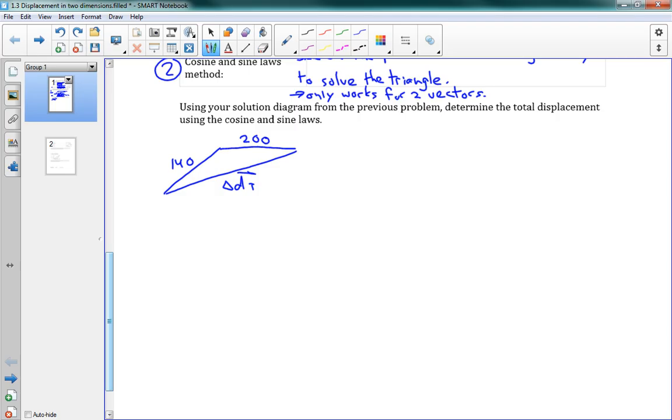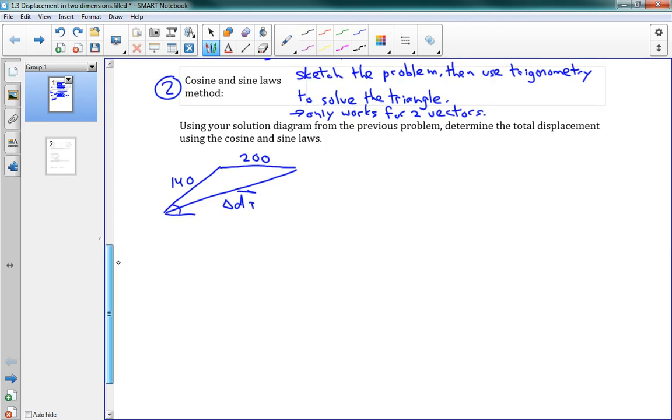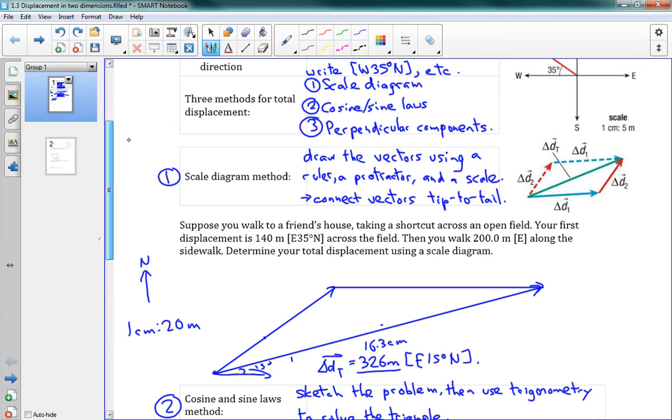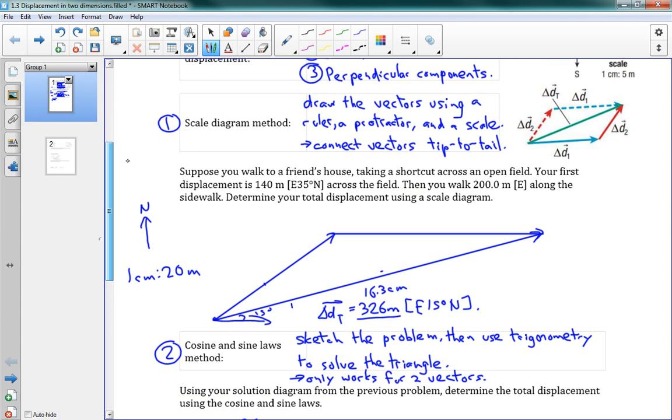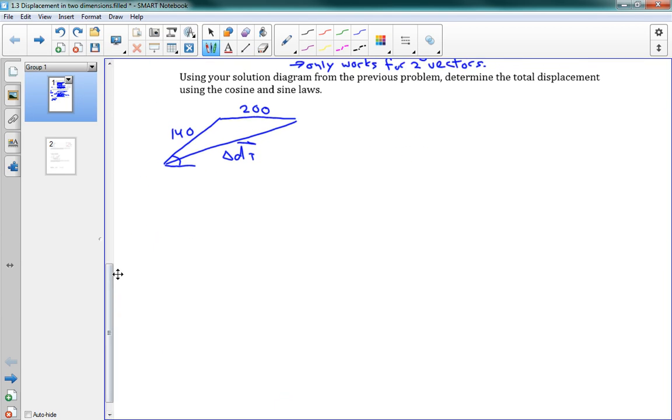Okay. So, some bits of information. We know that this angle all the way to the ground, or all the way to the horizontal, is going to be 35 degrees, because we're working with east 35 degrees.